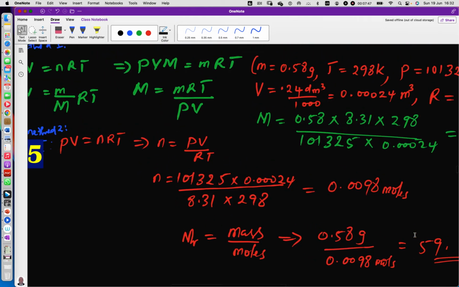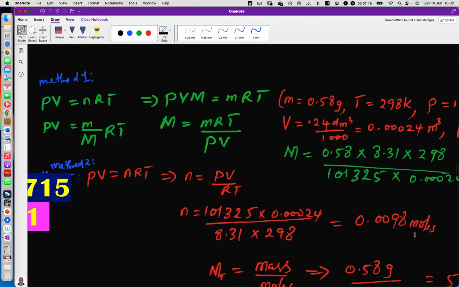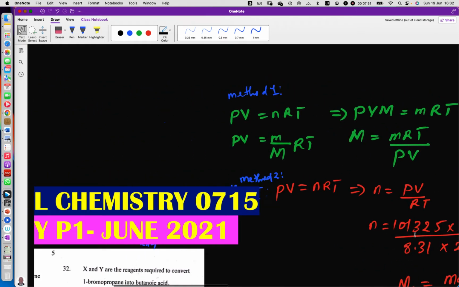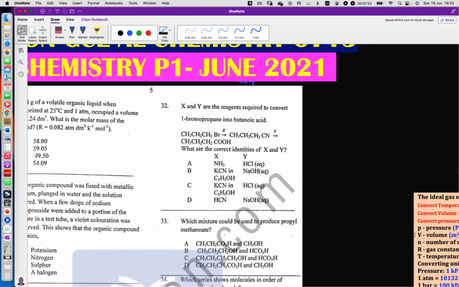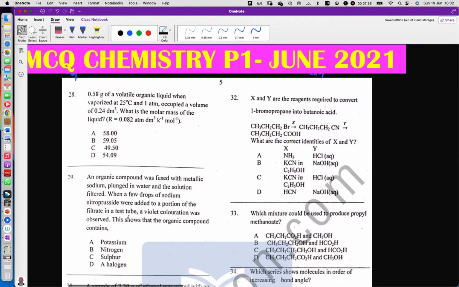So there are two ways you can do that. But if you don't want to carry out this conversion in your calculation, you can still use your values, but convert only the temperature and the volume, and everything will be okay.